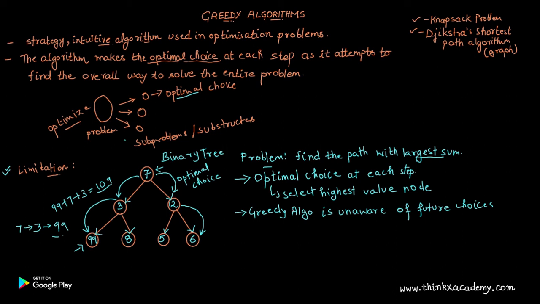So that's the main reason the greedy algorithm selects the wrong sum in this case.